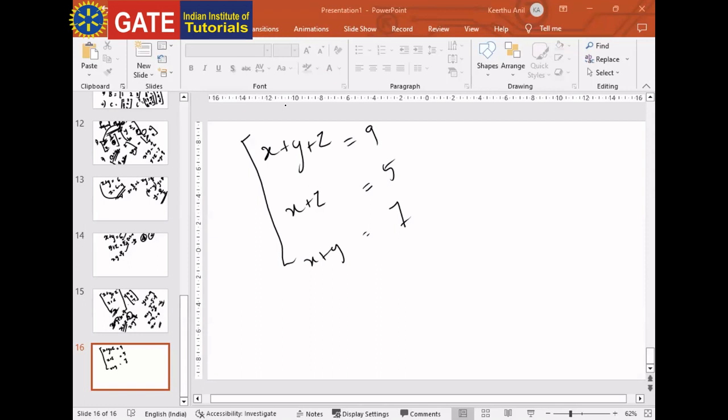Someone answers x is equal to 2, y is equal to 4, and z is equal to 3.